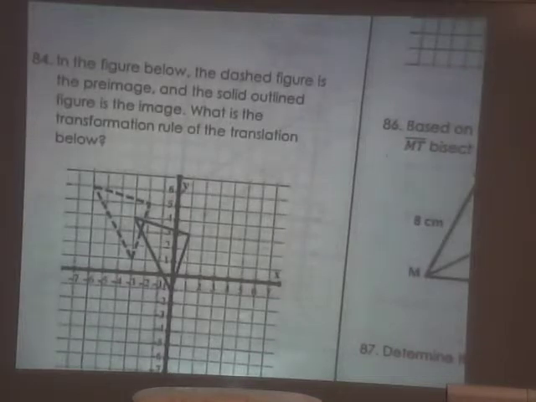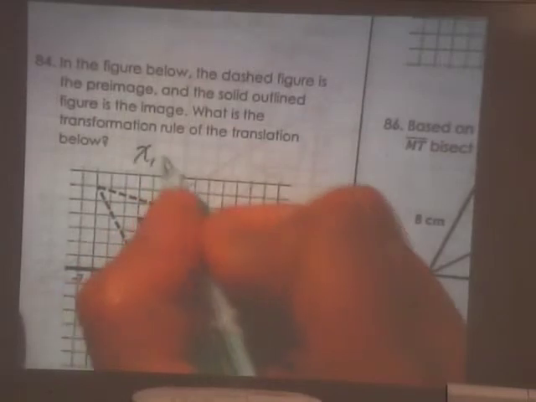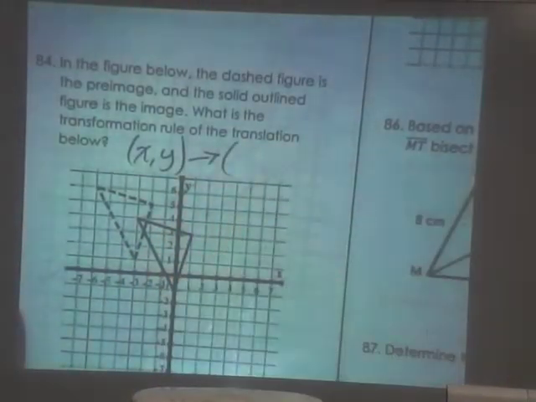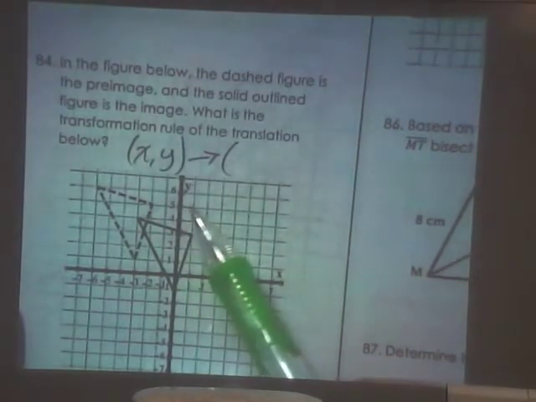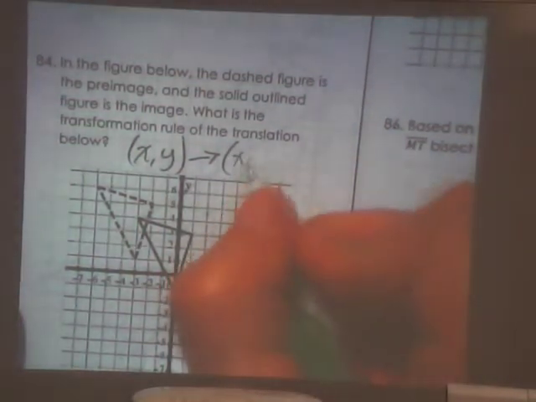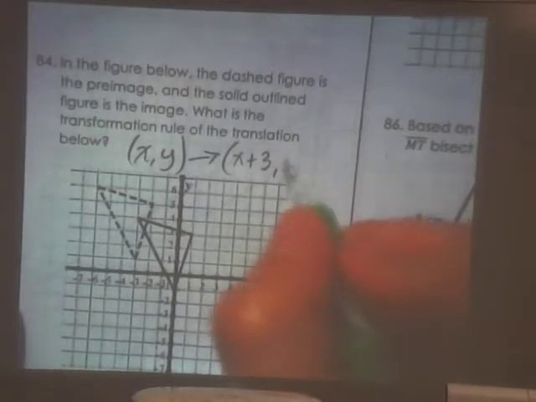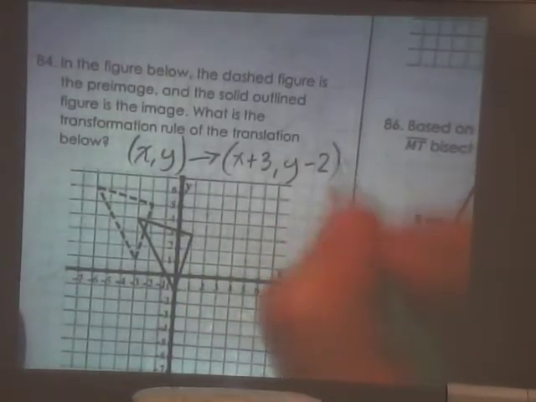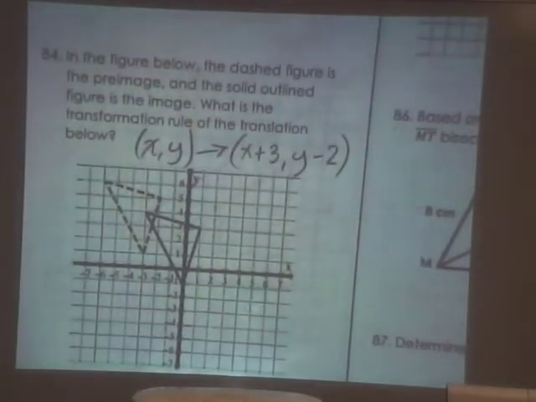So we're going to take every x and every y. What are we going to do to the x's? It looks like plus 1, 2, plus 3. So x plus 3, and then y minus 2. Questions? You okay with that?